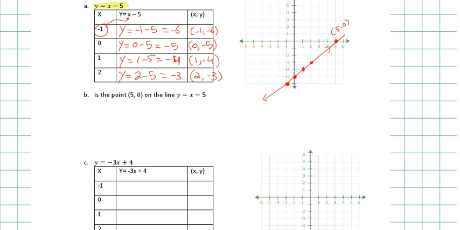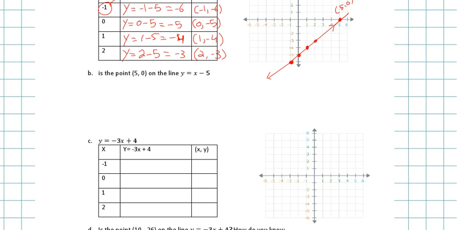Now, what other ways? If your graph is not very clear, sometimes that will give you problems. If the point is way off the graph, that's going to give you problems. What other ways do you think I can solve to see if that point is actually on the line? Change x into 5. And then what should my answer be? 0. And if my answer is not 0, would that be correct? No. Then that would mean (5, 0) is not on the line. Okay? So, what Dale was saying, this is x, this is y, right?